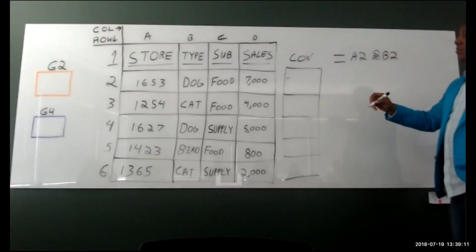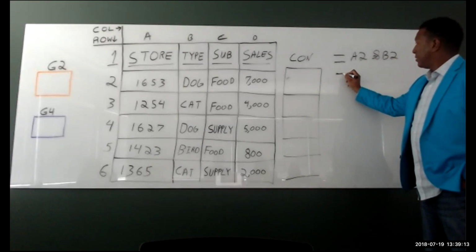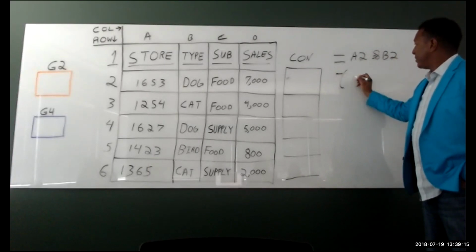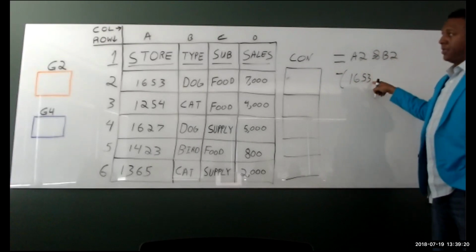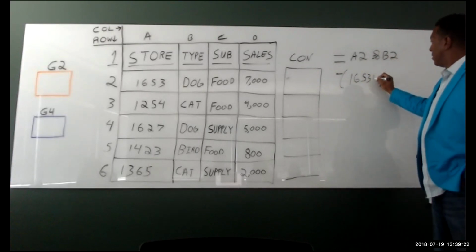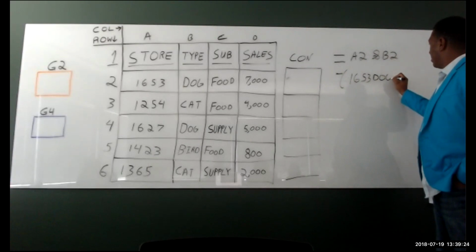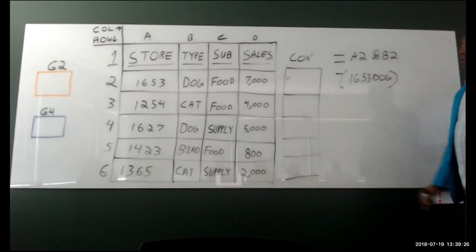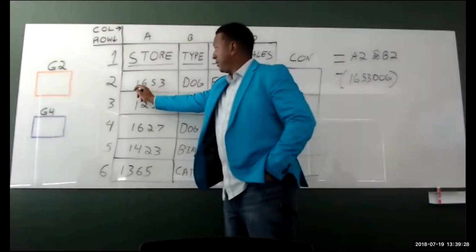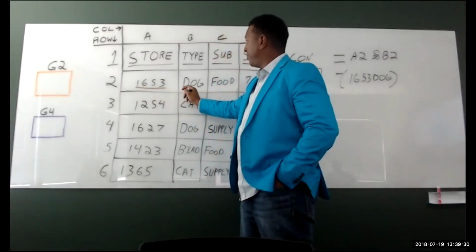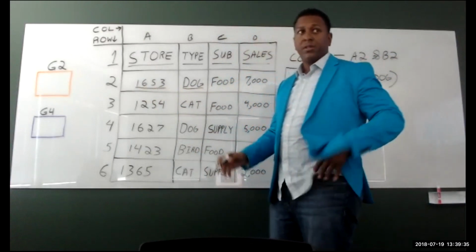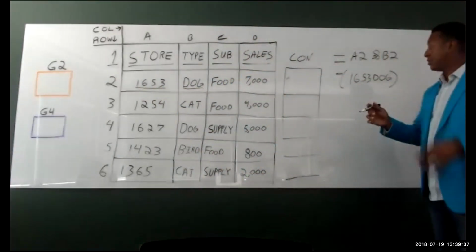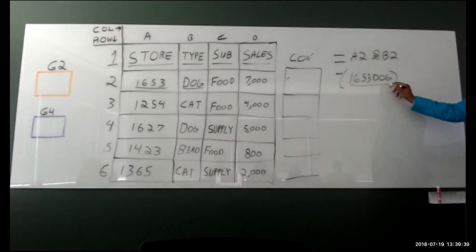Now what that's going to do is the answer that's going to come out is going to be 1653, no space at all, dog. Because what it did was it took 1653 from A2 and then pushed it together with B2, basically combining those two cells to give us this weird looking word here, right?